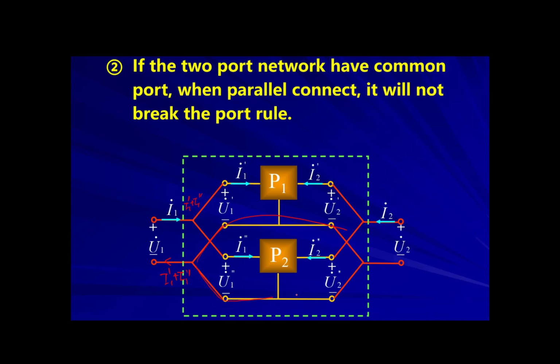This also should connect. So the current will be random. So we can treat this will be I1 sharp, and this will be I1 sharp 2. Because the should connect wire parallel, we can think the current is random. It can be any value.